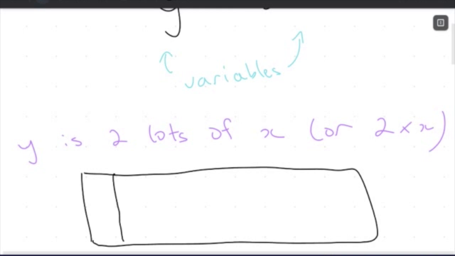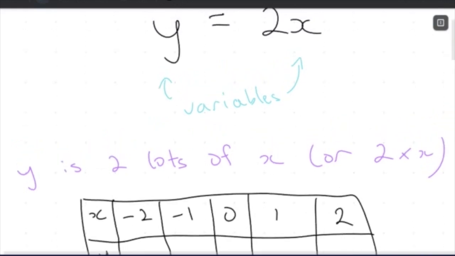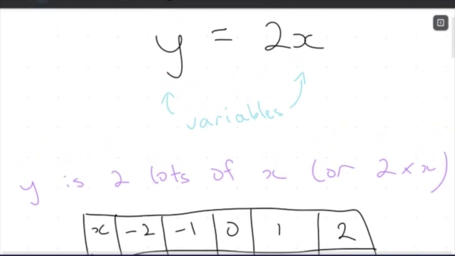So I'm going to draw this table here. I'm going to put my x, I'm going to put my y. And I'm going to select a couple of values, going from x equals negative 2 all the way up to x equals positive 2. So here we have that y is always 2 lots of x.